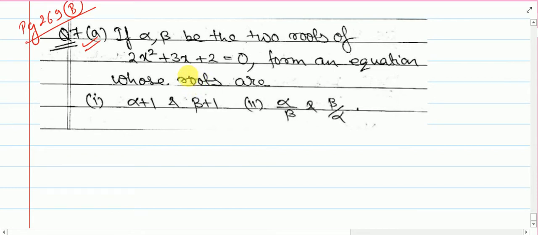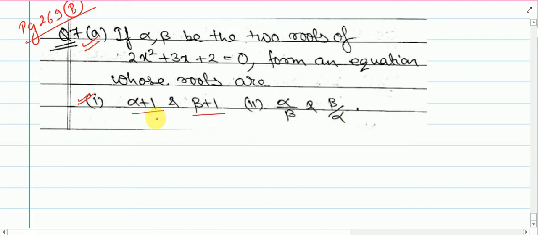First equation we have to form such a way that the roots for that equation should be alpha plus 1 and beta plus 1. And second equation we have to form such a way that the roots should be alpha upon beta and beta upon alpha.